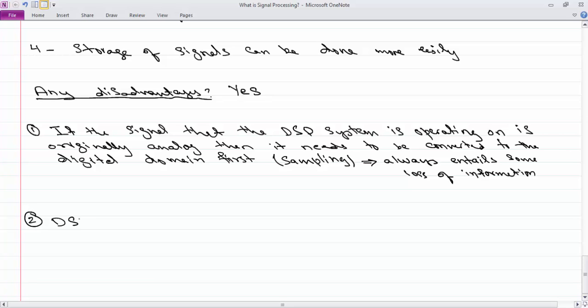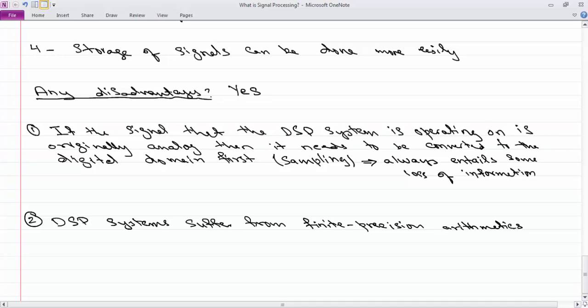And the other big part is that DSP systems suffer from finite precision. In the analog world, for example, you can represent any number. You can say I'm going to represent 1.21158. You can keep on going. But a DSP system always has a finite precision.